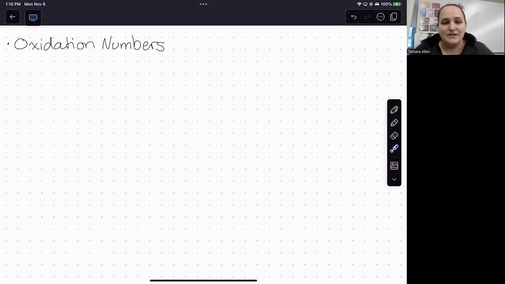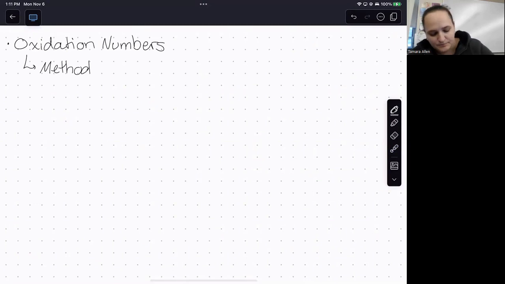So in a lot of cases, we need what are known as oxidation numbers in order to figure out whether oxidation and reduction are happening in a given process. So oxidation numbers are just a method for quantifying the extent of oxidation of an atom.